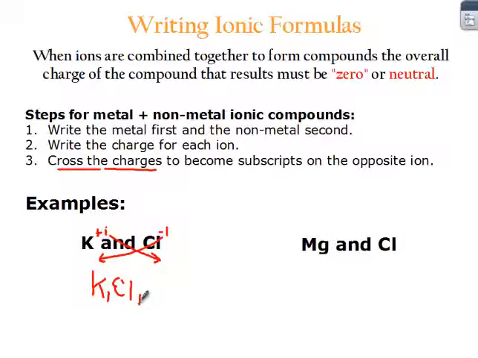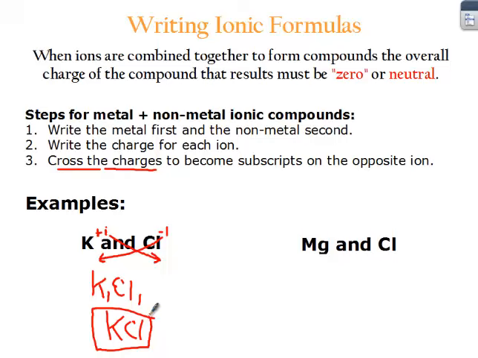So I have K1Cl1. When it's 1 and 1, the charges cancel, so the actual formula is KCl. And that's the answer right there. That's the formula. Putting potassium and chlorine together makes KCl.